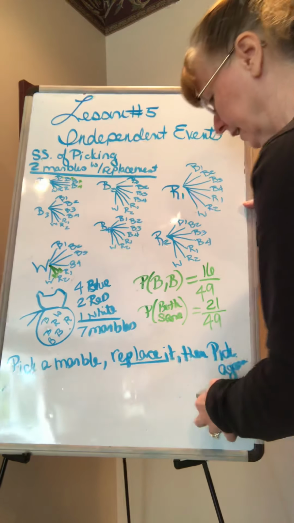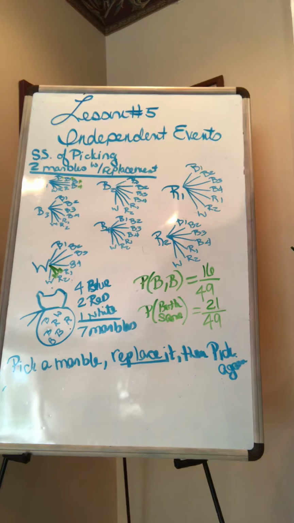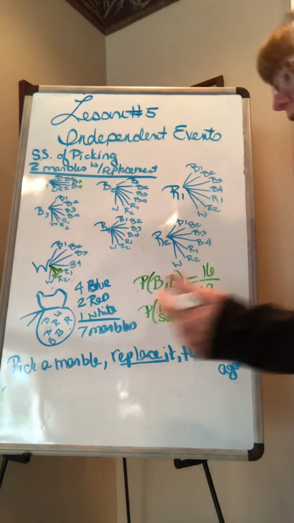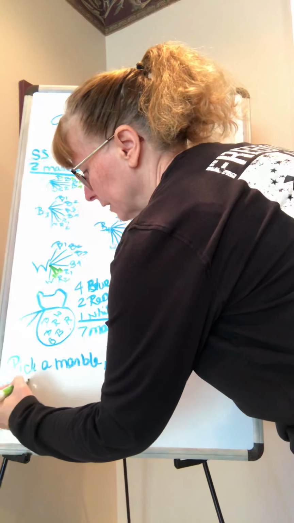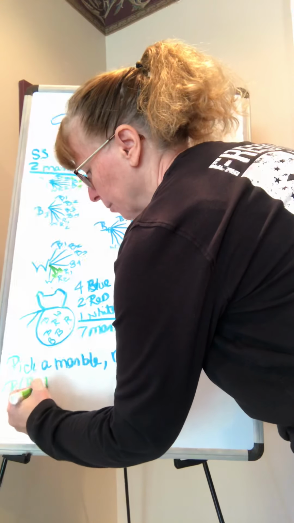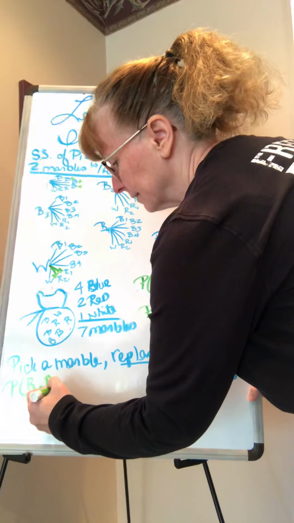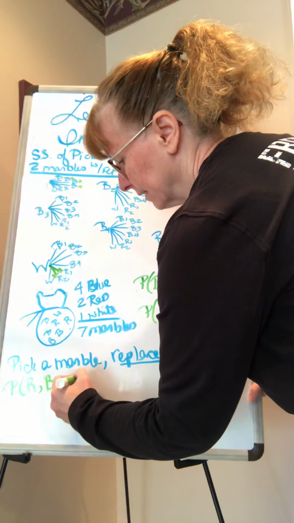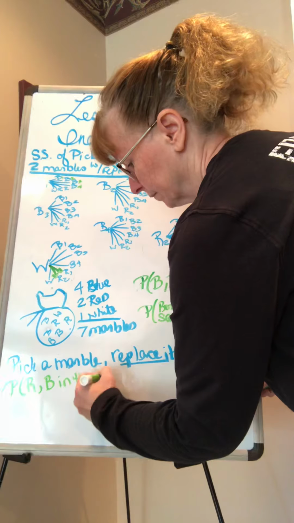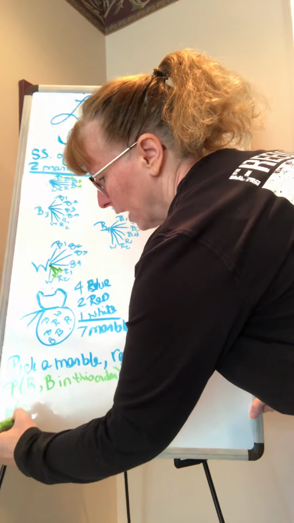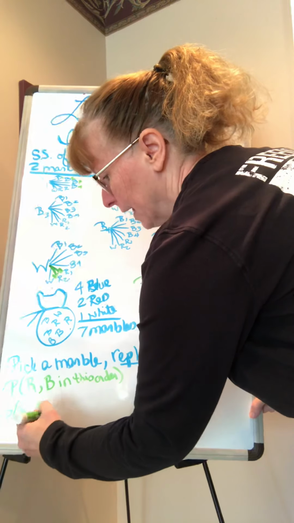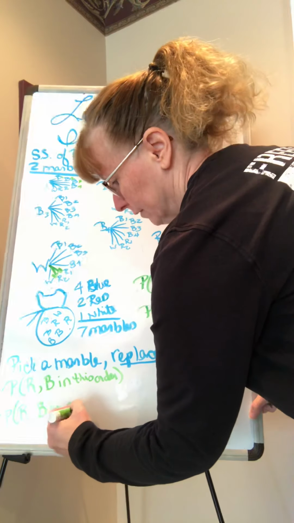Now, the other thing is you have to look at the wording. It can say, what's the probability that you picked a red followed by a blue, and it might say in this order. Or it can say, what's the probability you picked a red followed by a blue in any order?